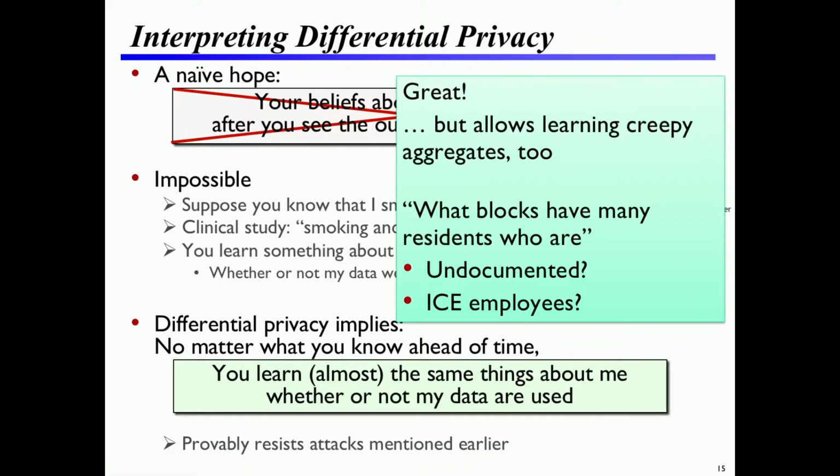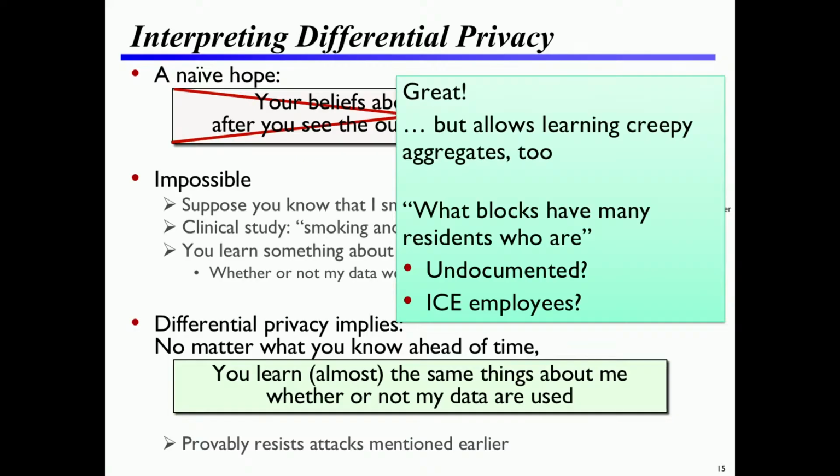Differential privacy doesn't stop you from learning aggregate information that is creepy, that maybe is not the kind of thing we wanted to reveal. Like maybe you can figure out which blocks have high concentrations of undocumented immigrants living on them. Maybe you can figure out where ICE employees live.